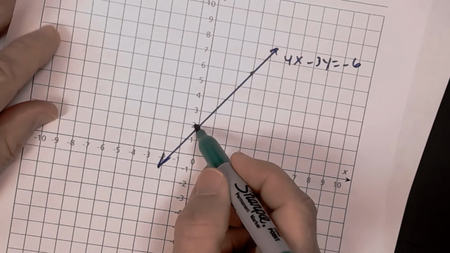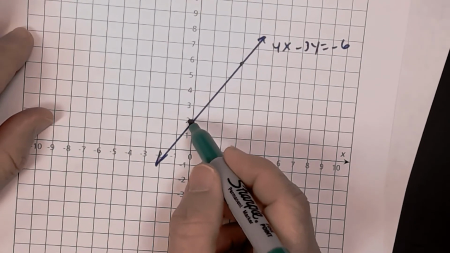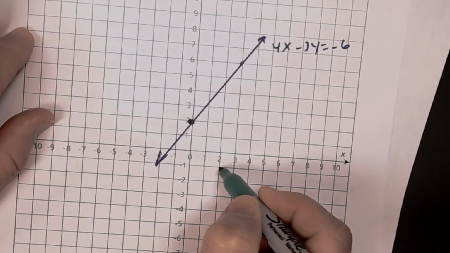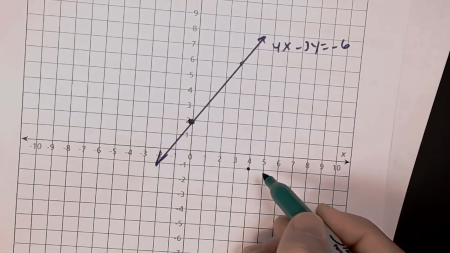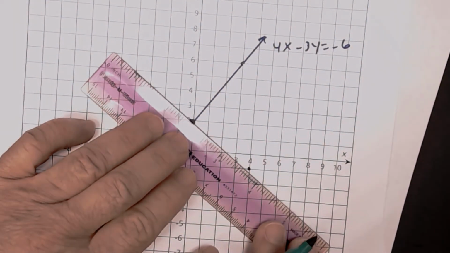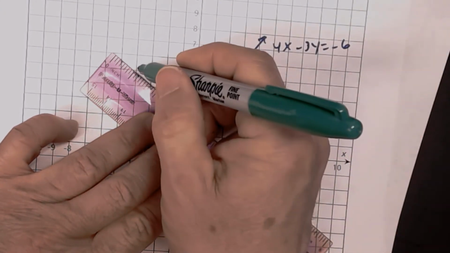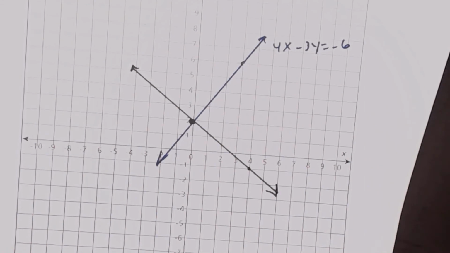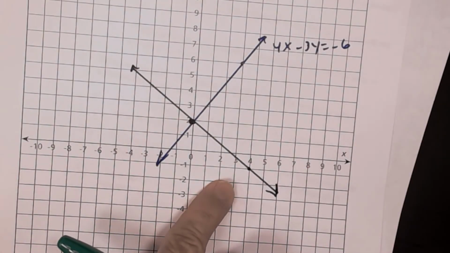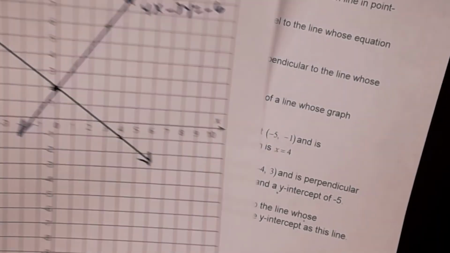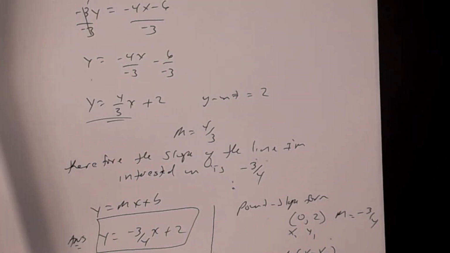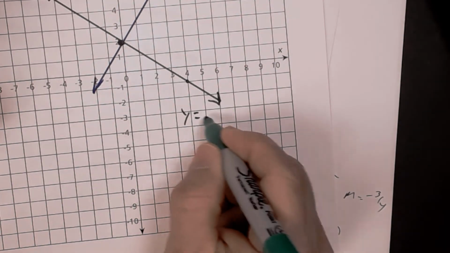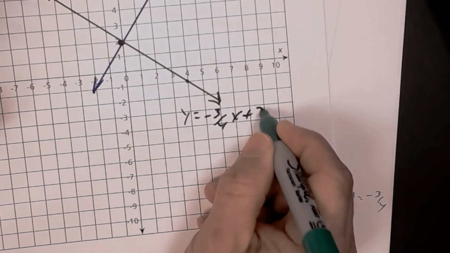So from this point that's on the green line, I'm going to go down 3: 1, 2, 3, and to the right 4: 1, 2, 3, 4, and then I'm going to draw my line, and that's the equation I'm interested in. I'm interested in the equation of this green line, which we found to be y equals negative 3/4 x plus 2.